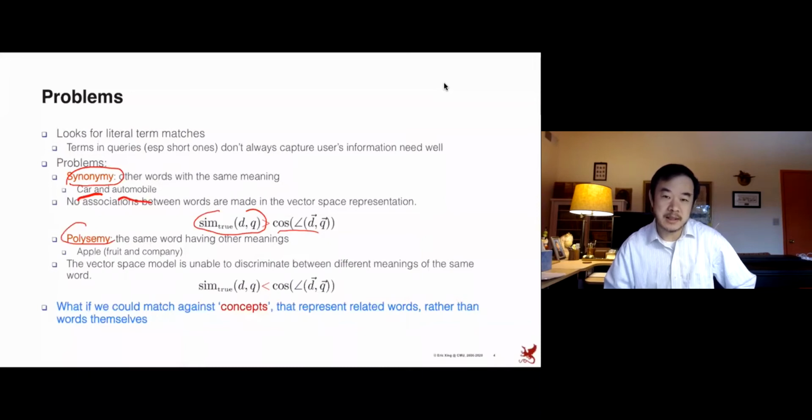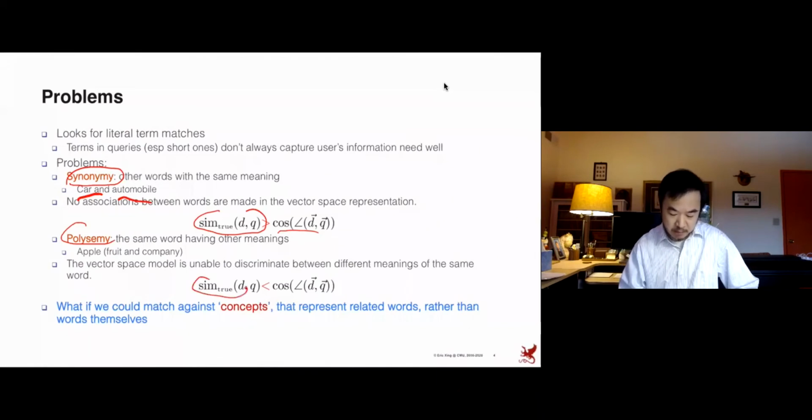But we also know that the word apple has very different meanings in different contexts. It could mean the fruit, it could mean the company, the iPhone, and so forth, depending on the rest of the words, what they are talking about. Right? So in this case, the true similarity may be smaller than the measured distance based on that representation.